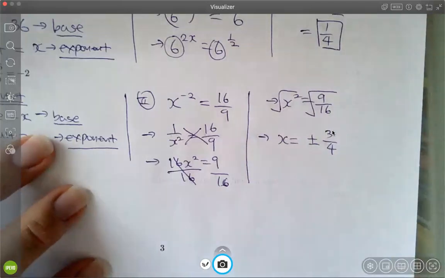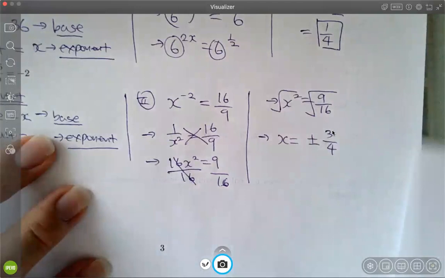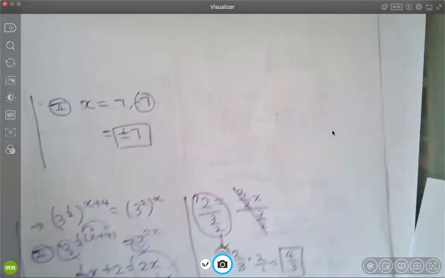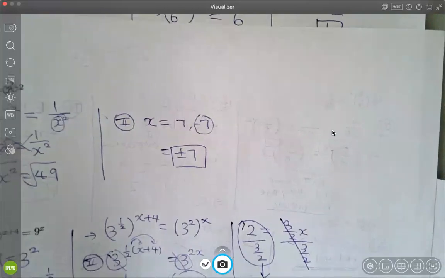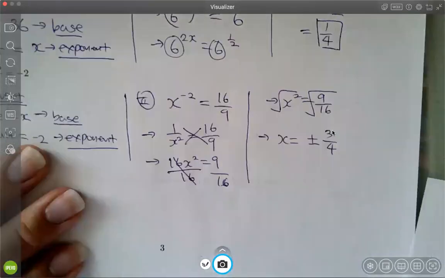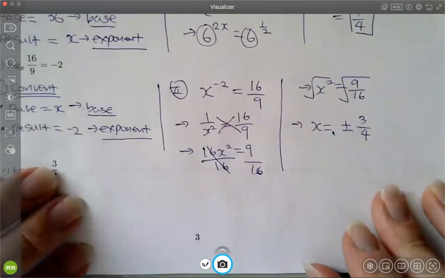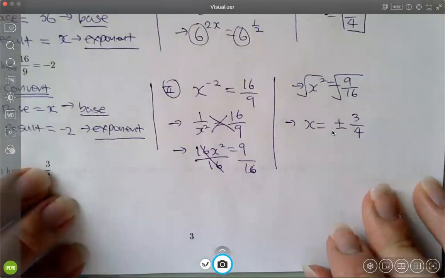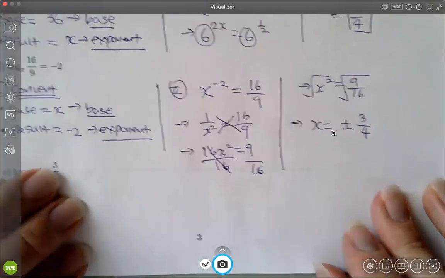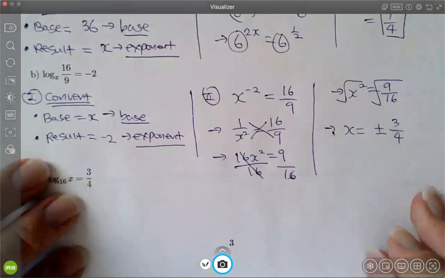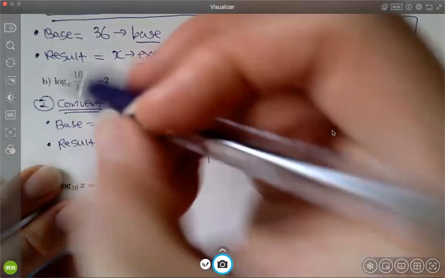Okay, so now for the previous problem, we didn't remove the negative number. Now, for this one, do we have to remove the negative number? Yes, we do. And what's the reason? Where is x at the beginning? It's on the base, right?